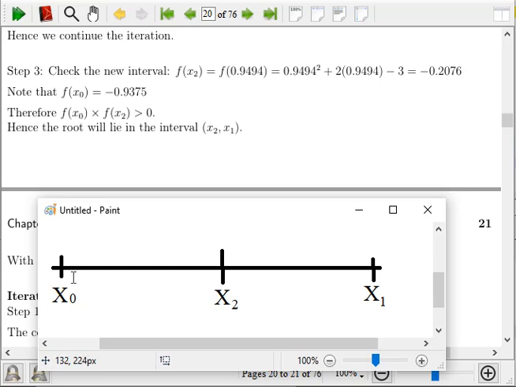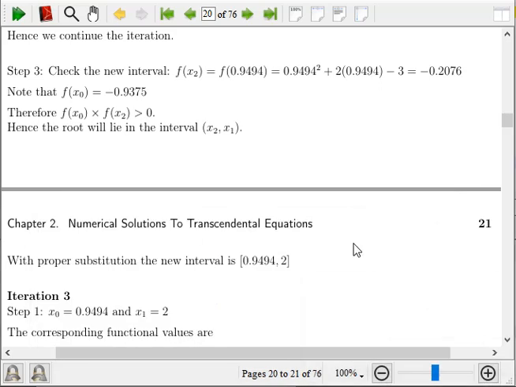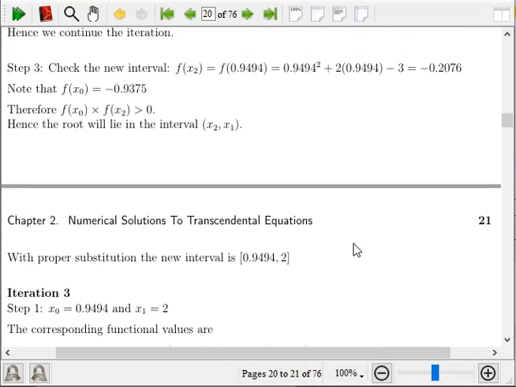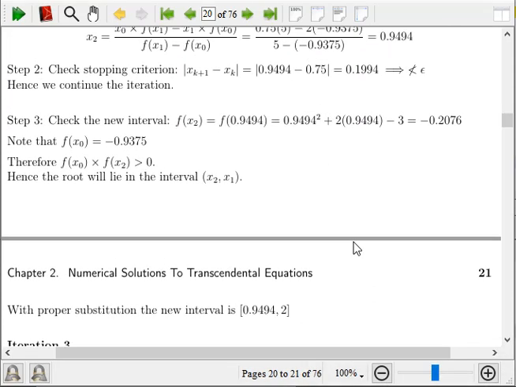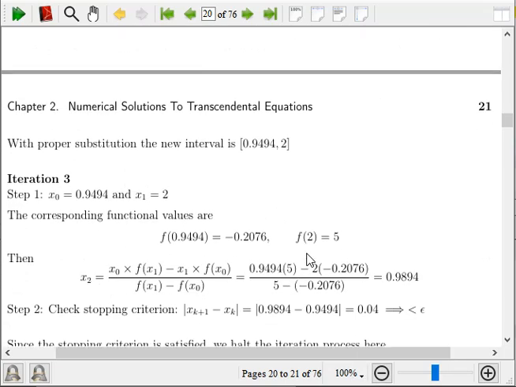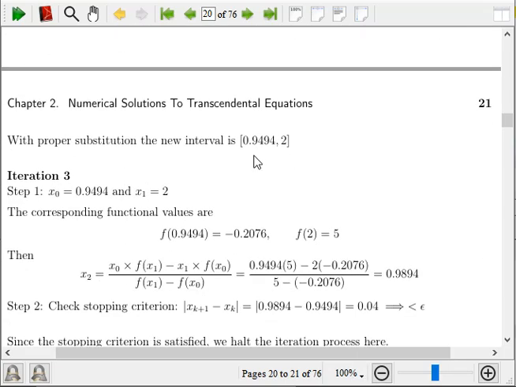So we found f of x0, and it's greater than 0, then it's going to lie here. Which means this x2, 0.9494, definitely becomes the x0 for the next iteration.